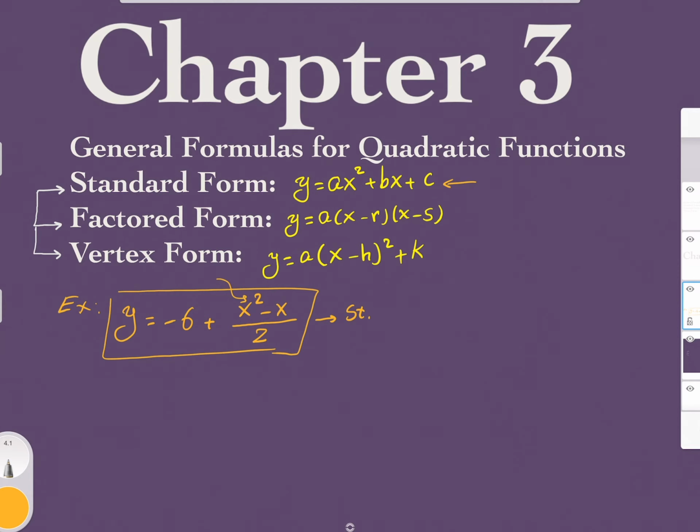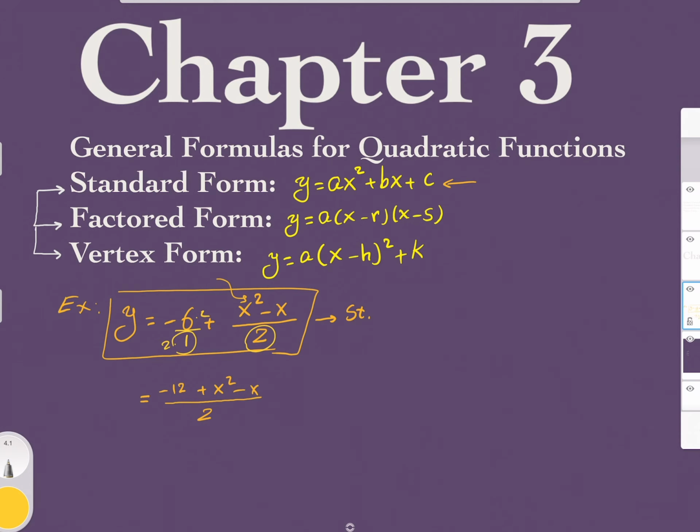By simplifying. I will find the common denominator. It will be -12 plus x squared minus x, everything divided by 2. What happened is I made a common denominator between 1 and 2, which is 2. I multiplied by 2 and got -12.